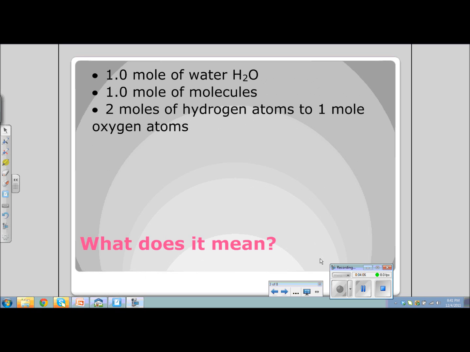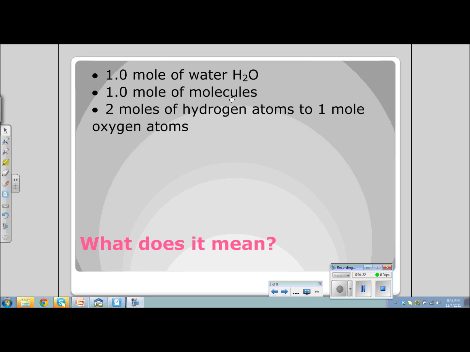All right, so what does this mean? To understand how to do empirical formula problems, you have to think about the following example. Let's suppose you have 1 mole of water, H2O. What does it mean to have 1 mole of water molecules? Well, it means to have 1 mole of molecules.